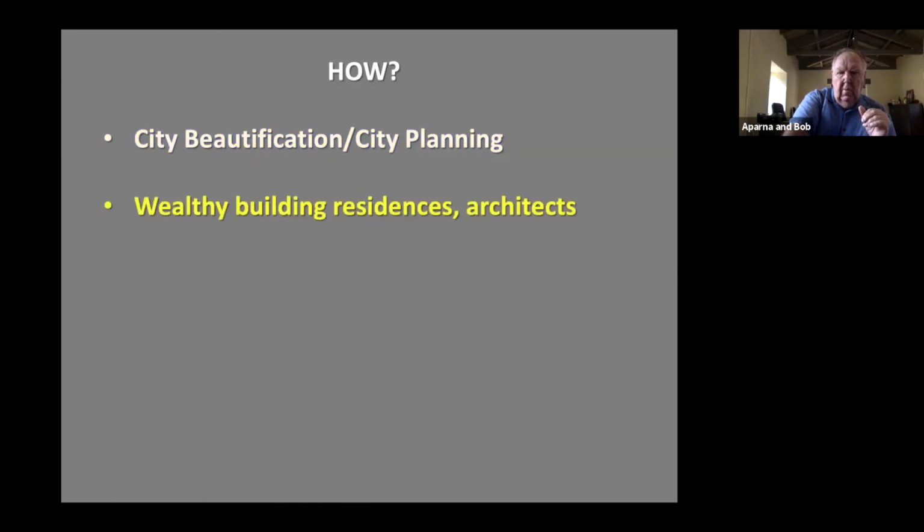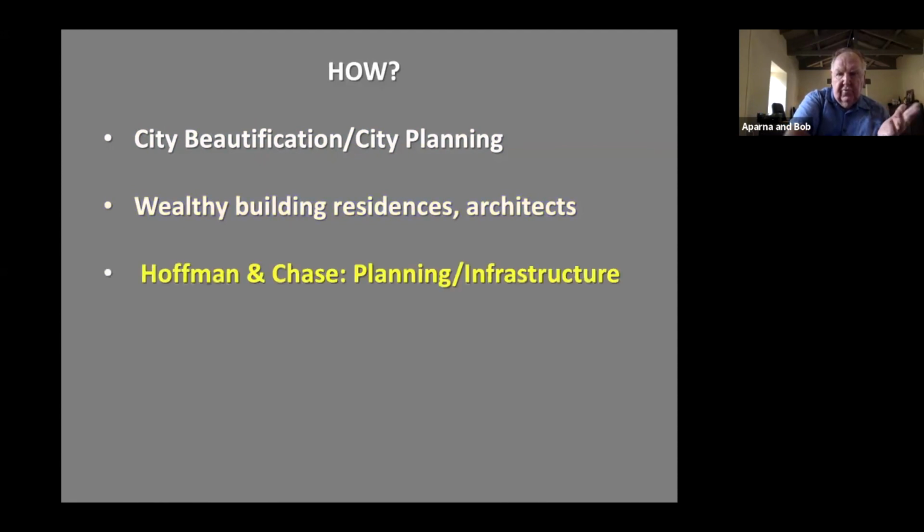It relied on the wealthy who came here because of our appealing weather environment, wanting to build residences, therefore drawing a pool of architects. And of course, Hoffman and Chase, they couldn't have done it alone. There were a lot of people involved, but they were the focal point. It probably couldn't have been done without them. Their emphasis on planning and infrastructure gave us something that we could build around, not just individual pieces.